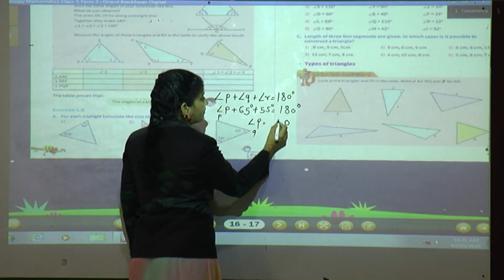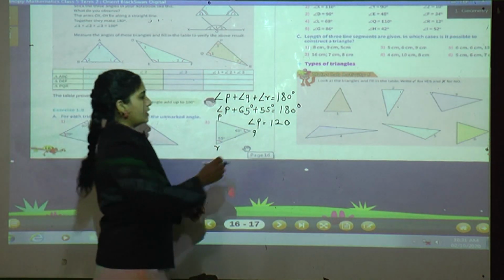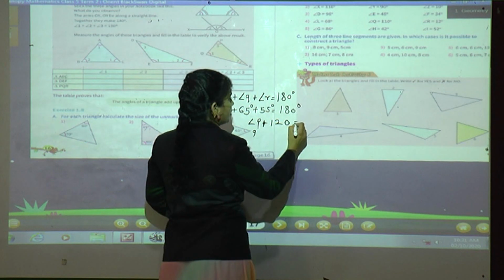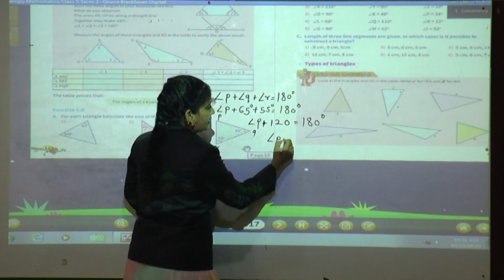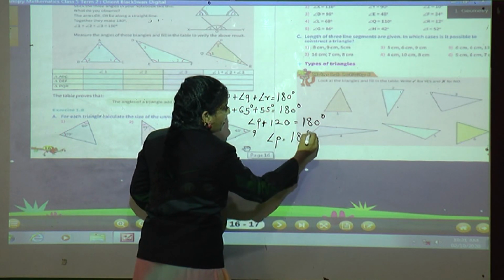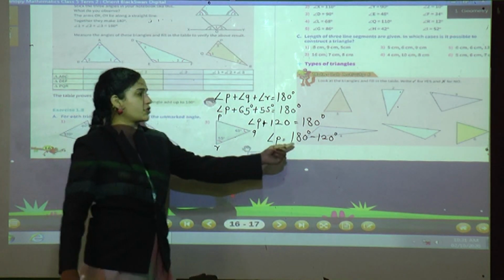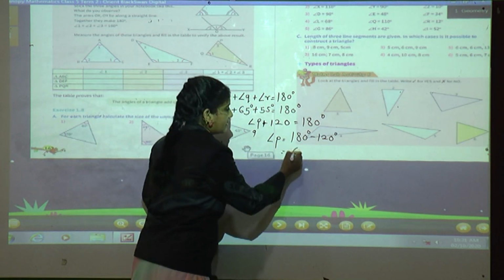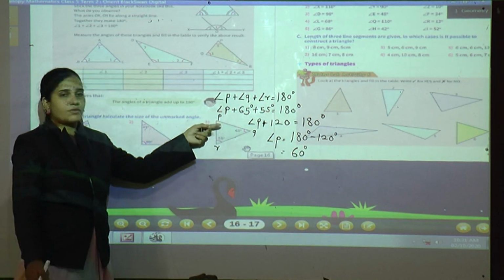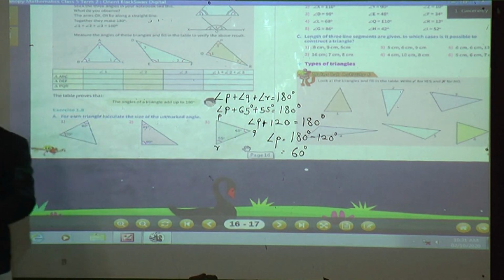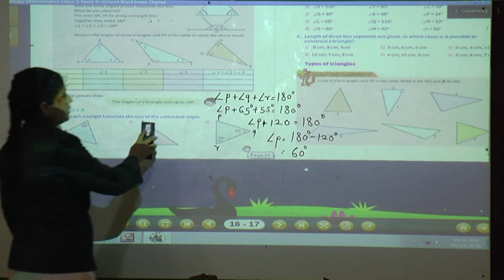Yes students, it will come 120. So it is equal to 180. Then angle P is equal to 180 degree minus 120. So the subtraction of this is 60 degree. So the angle P is 60 degree. Now we will see our next examples.